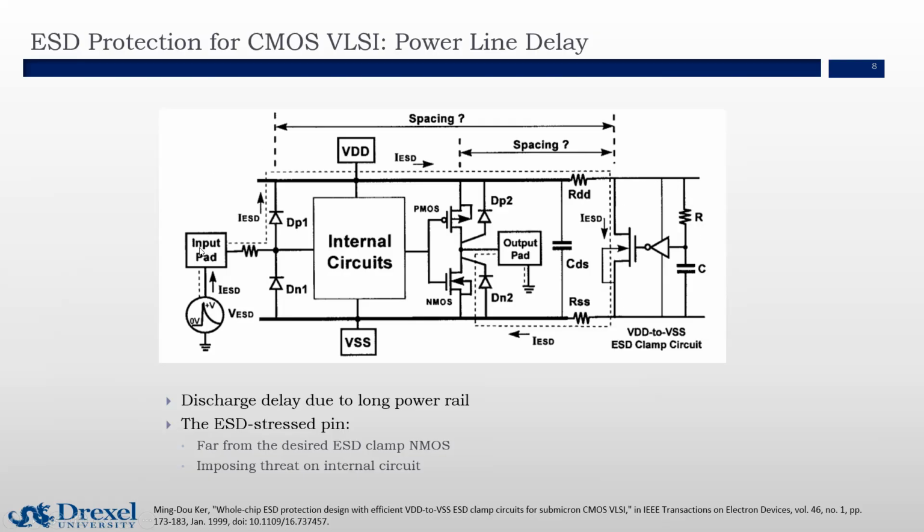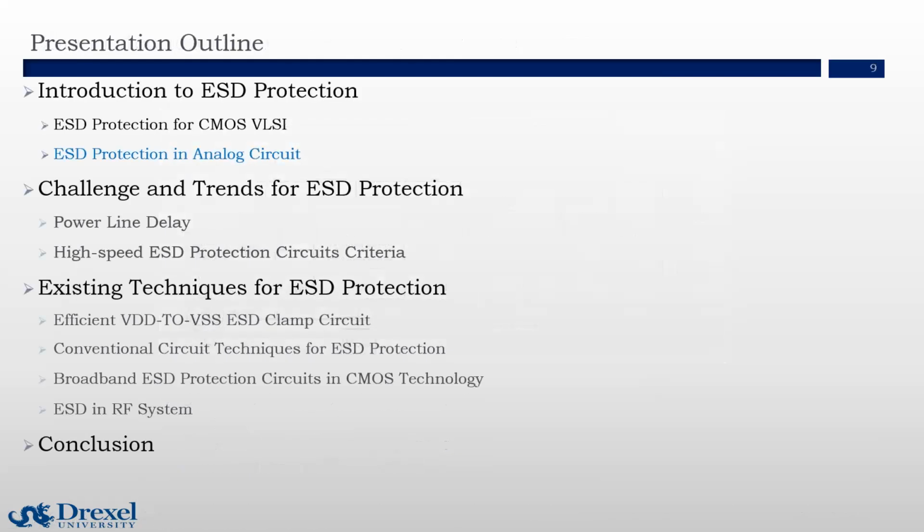However, if our input pad is put in the middle, the distance traveled to the ESD clamp device will be much smaller. So next, we are going to study the location of our input pad, which we will discuss under the power line delay.